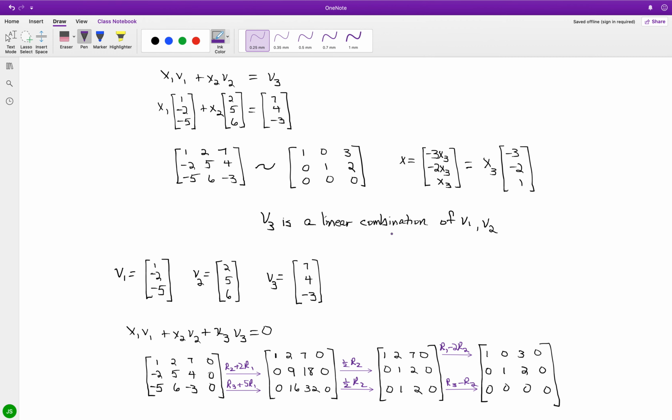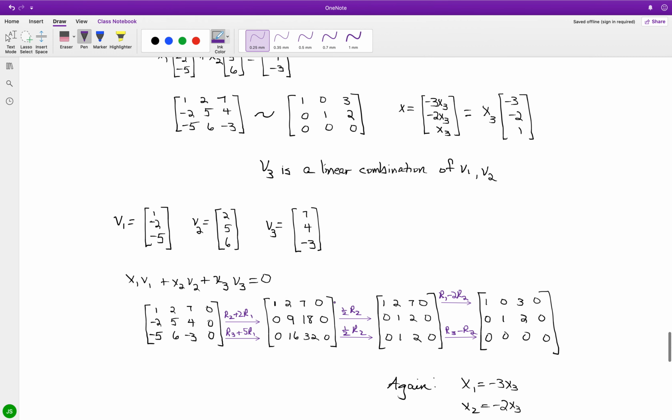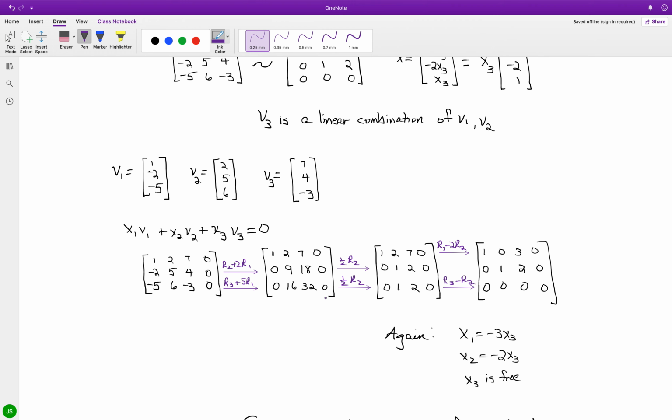Again, v3 is the linear combination of the previous two, so in the setup as an augmented matrix, we have 1, 2, 7, 0, negative 2, 5, 4, 0, negative 5, 6, negative 3, 0. Following through with the operations, for the reduced echelon form I have 1, 0, 3, 0, 0, 1, 2, 0, and you have no pivot position in the third row.